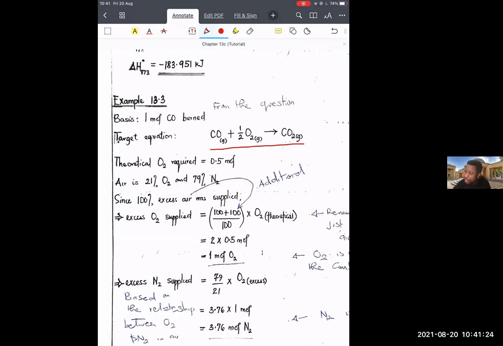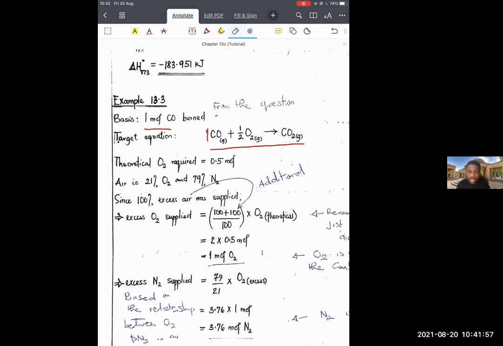Because we've been told 1 mole of CO, that is why we have this equation. Otherwise, what you would typically have written would have been 2CO plus O2 gives 2CO2. So just remember the basis. That's why we have this.